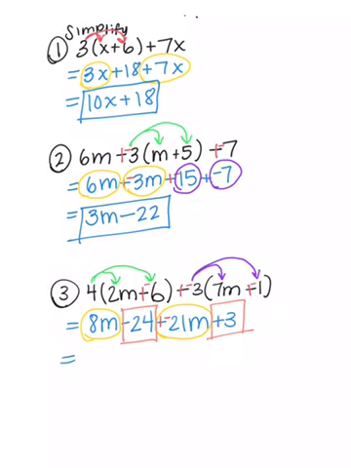So 8 plus a negative 21, they have different signs, so I'm going to subtract them. 21 minus 8 would give you 13, and keep the sign of the bigger number. So that would be negative 13m. And then the same thing's going to happen here. I have negative 24 plus a positive 3. So they have different signs, so I'm going to subtract them. 24 minus 3 is 21. And then keep the sign of the bigger number. So that would be a negative 21. This is your simplified expression.